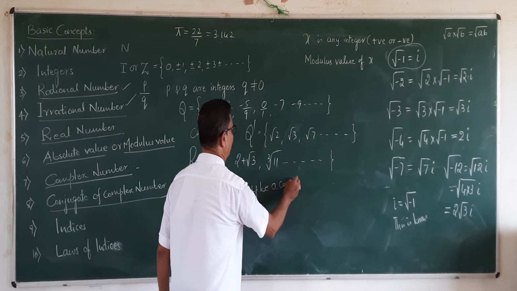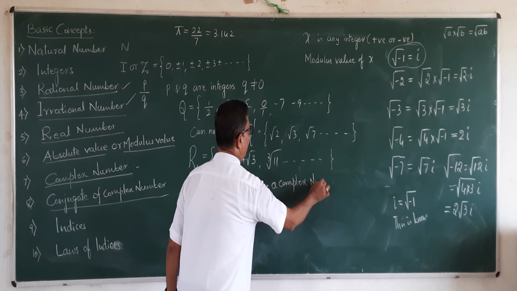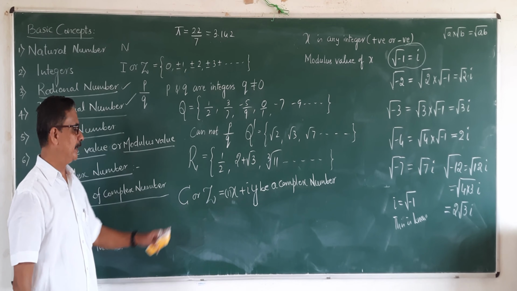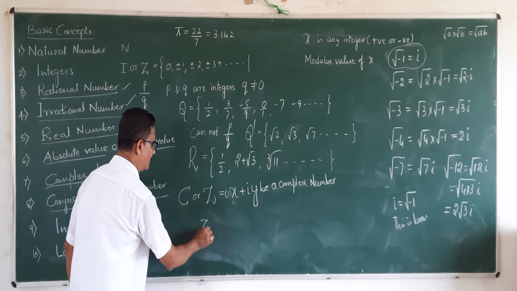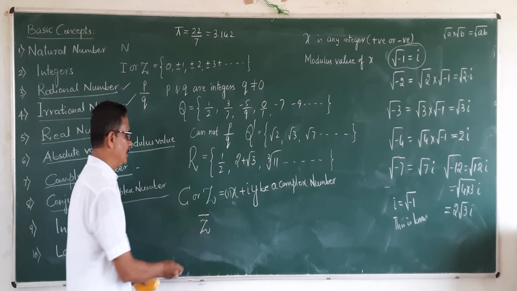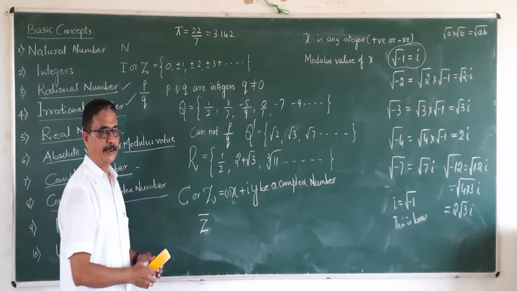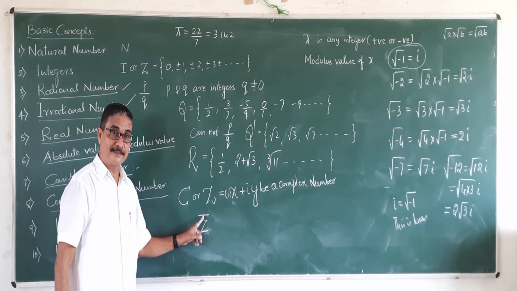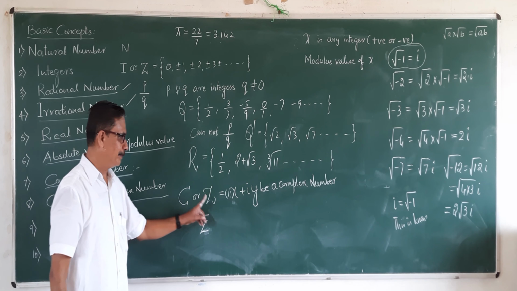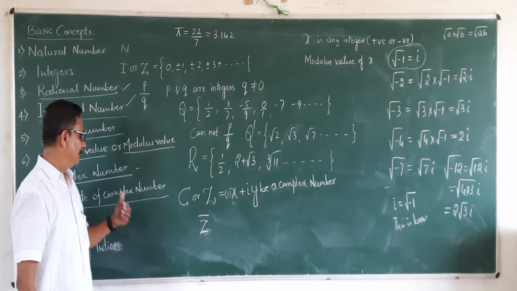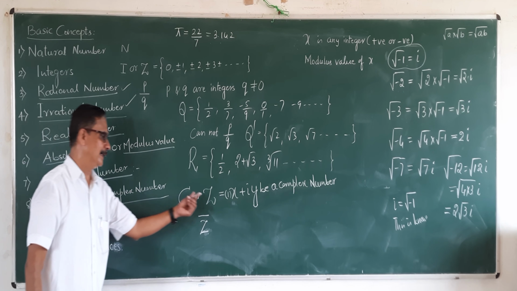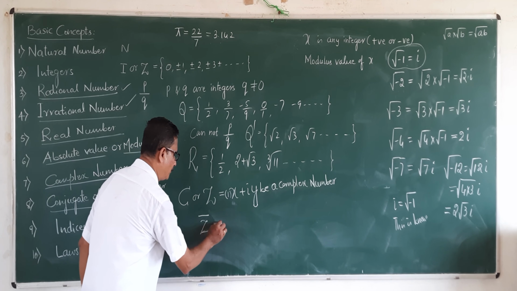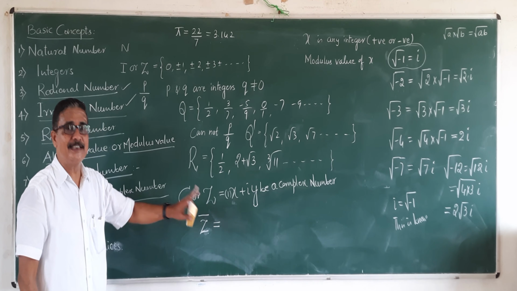The conjugate of complex number z is denoted by z conjugate or z bar. Read it as z conjugate or z bar. Let z be a complex number x plus iy, then the conjugate of z is denoted by z bar or z conjugate and is defined by just interchanging the sign.